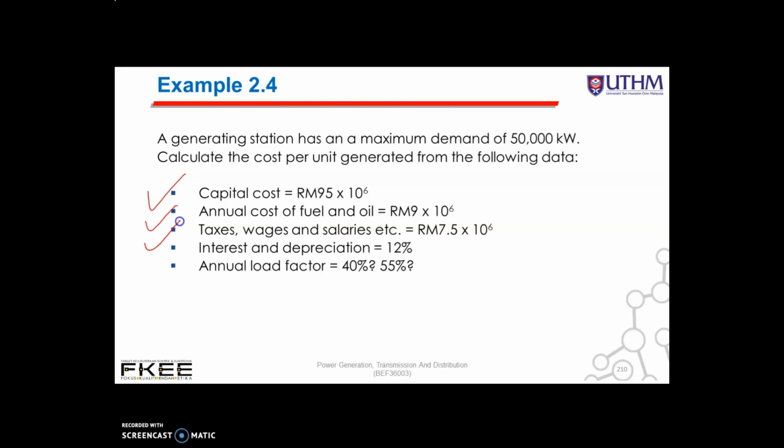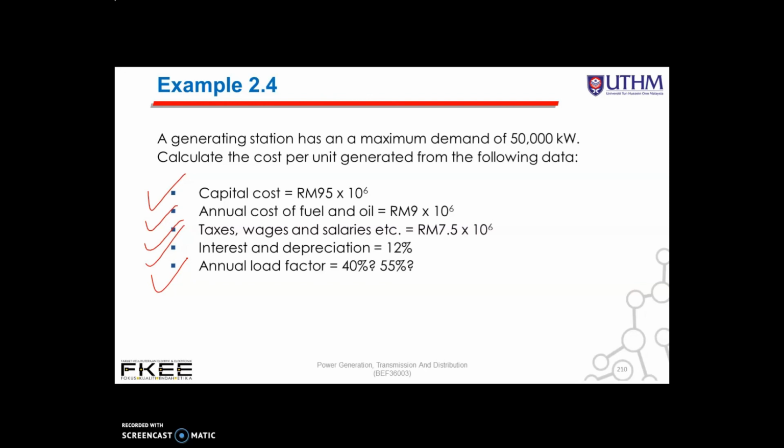And then taxes, wages and salaries, etc. is RM7.5 times 10 to the power of 6. And then interest and depreciation around 12%. And also the annual load factor 40% and also 55%.